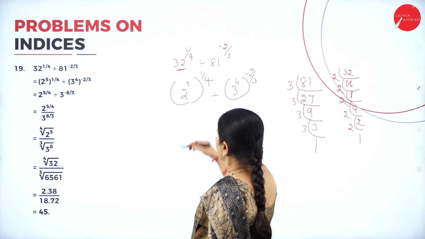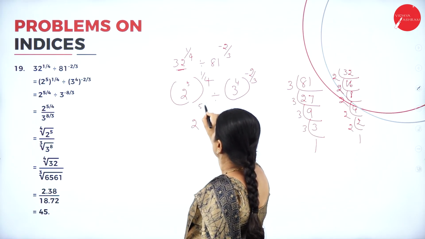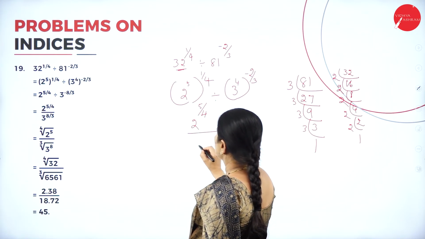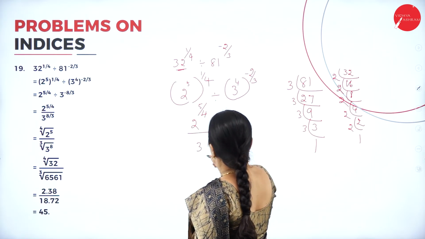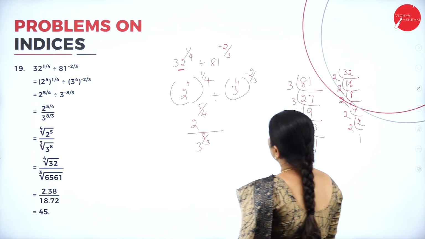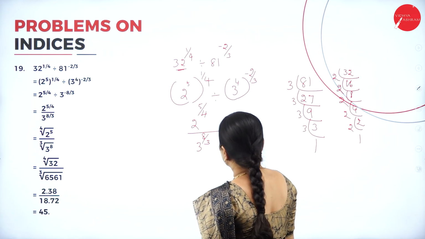Now in the next step, again I will simplify it. So it will be 2 to the power of 5 by 4 divided by 3 to the power of 4 2s are 8 by 3. So divided by 4, 2 4s are 8, 8 by 3. Now, what will be the answer here?